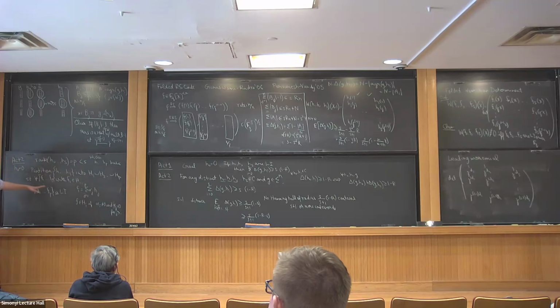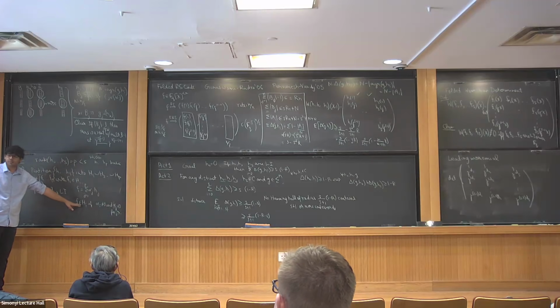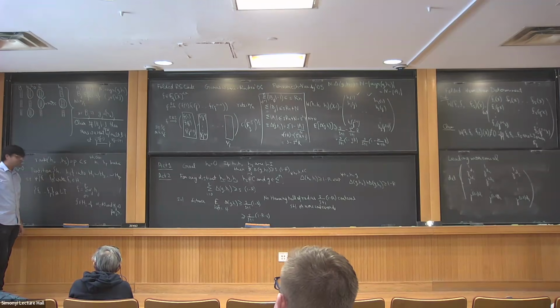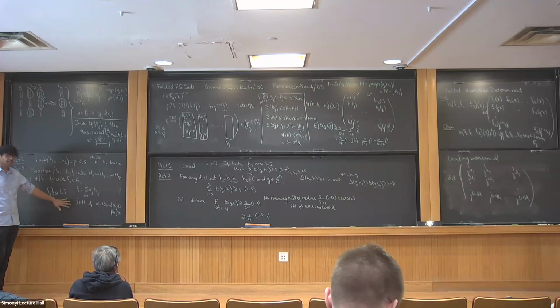Such a thing will always have the property that no matter which code word I select from each Hi, the collection will always be linearly independent. Okay. So this is just elementary linear algebra.